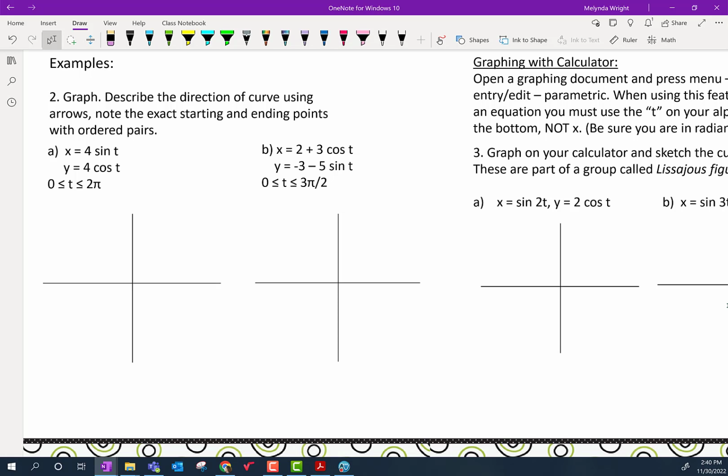Now, we do have a parameter restriction. Our restriction goes from 0 to 2 pi. And I want you to notice something. Think about the unit circle. What is cosine on the unit circle? Is it x or y? It's x. And here, cosine is paired with y.